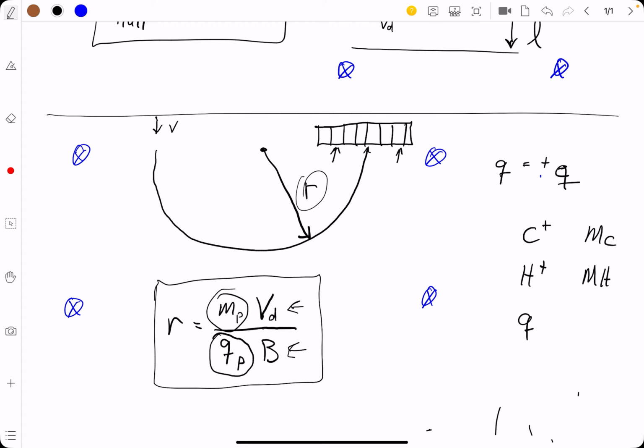Obviously the carbon atom is more massive, so since it's more massive, its radius is going to be out here. So that would be the carbon atom going out there, and then the hydrogen atom would come in here.